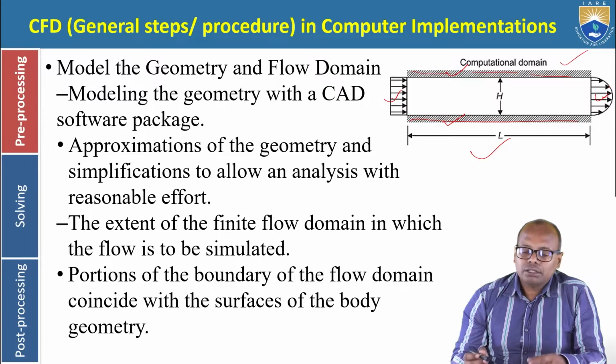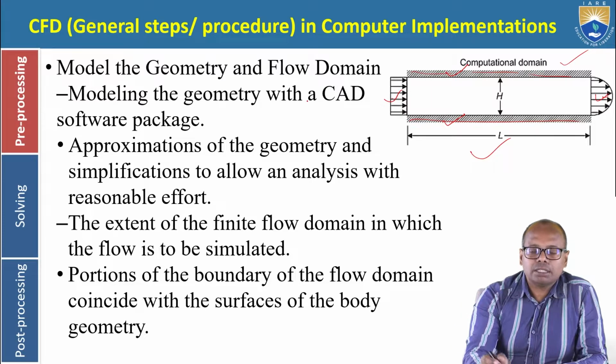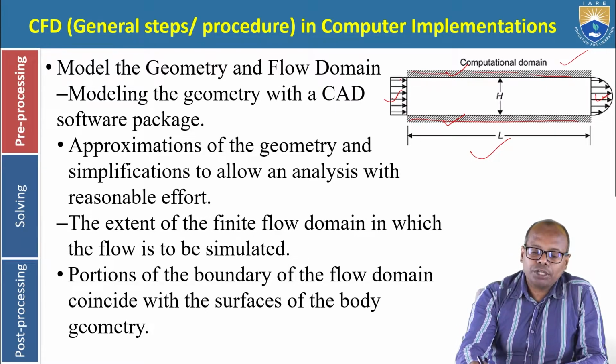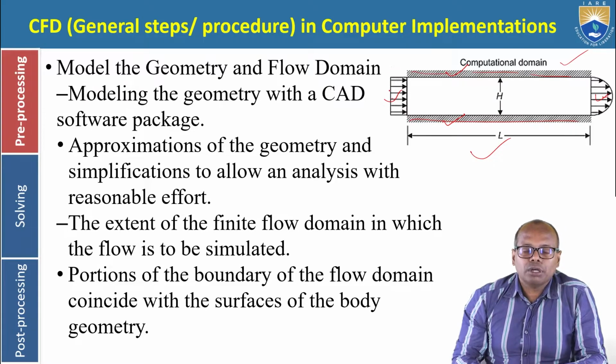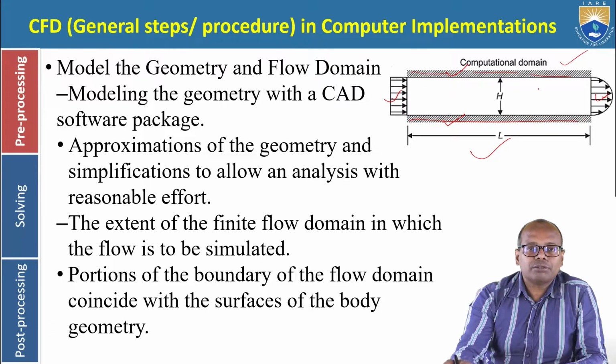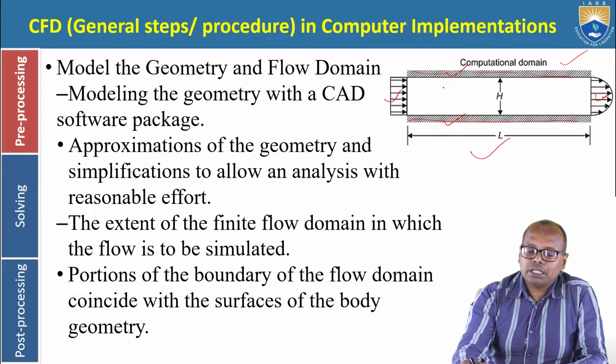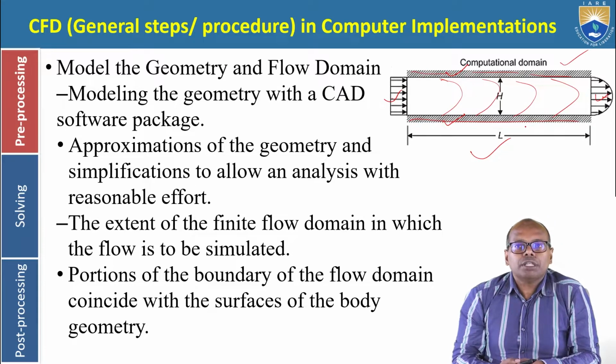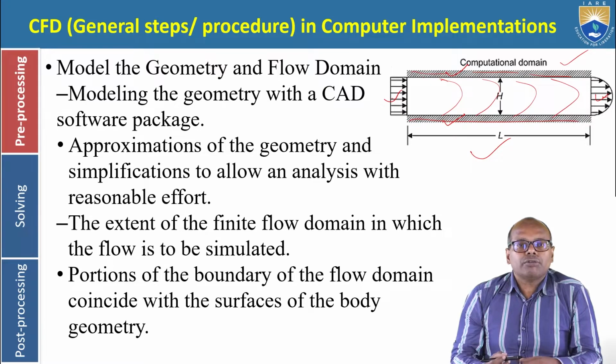So the flow before entering the parallel plates is uniform. You can see here the velocity is uniform from top to bottom. Once it enters between the parallel plates, because of the friction between the fluid and the parallel plate, there is a generation of the boundary layer like this. Okay, the velocity profile will not be a uniform one, it will vary.